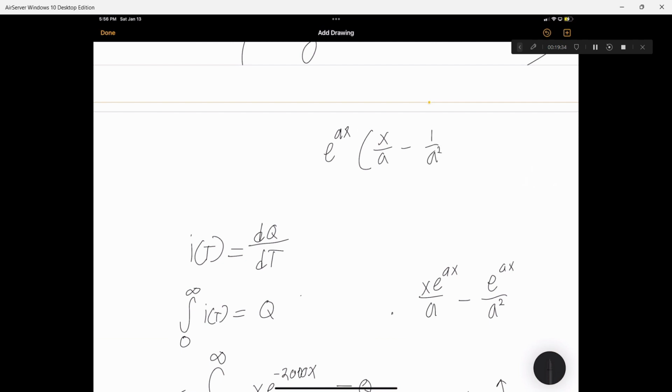Well, we can simplify this further. I don't like fractions, so what we can do is factor out a squared.